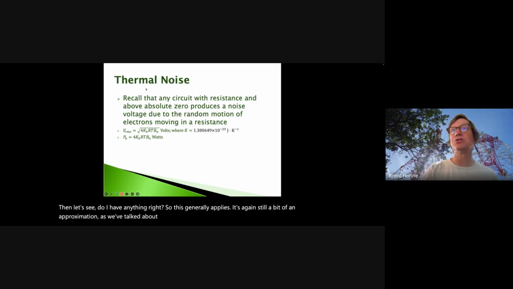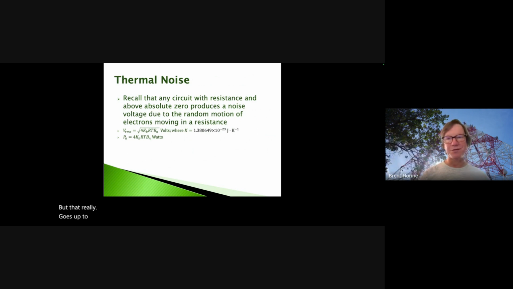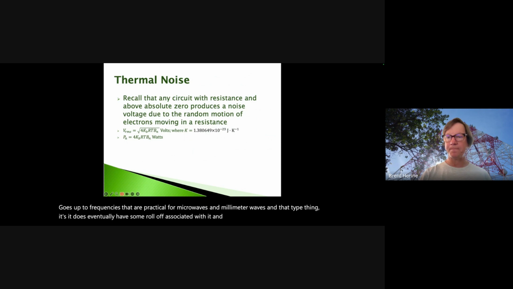Noise of this sort has a flat power spectral density, and that holds up to frequencies that are practical for microwaves and millimeter waves. It does eventually have some roll off associated with it, and also there's an approximation that the temperature does not go too low, right?